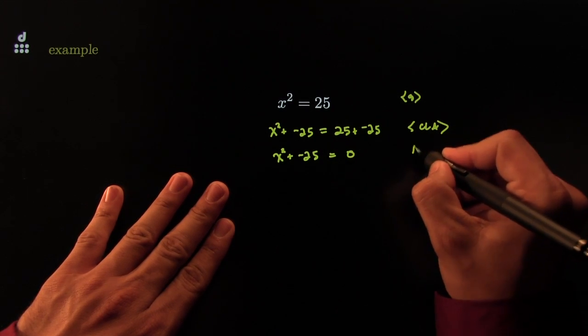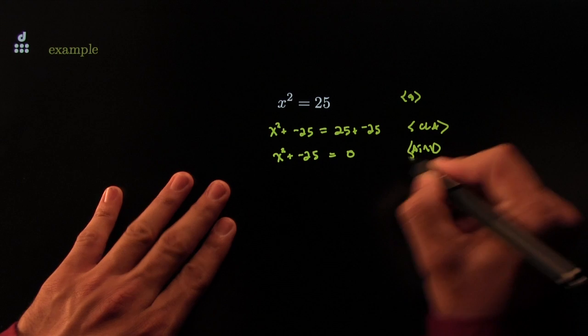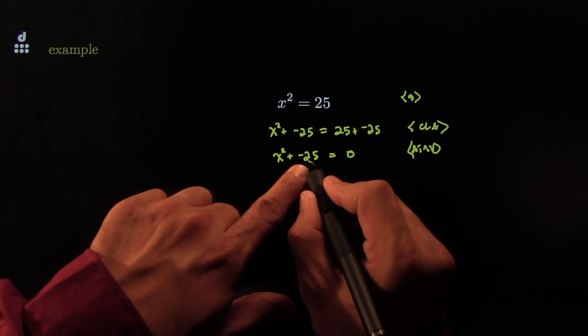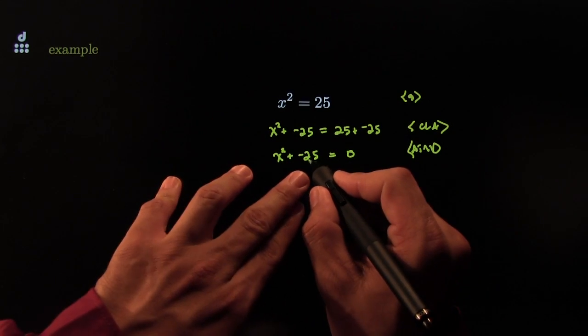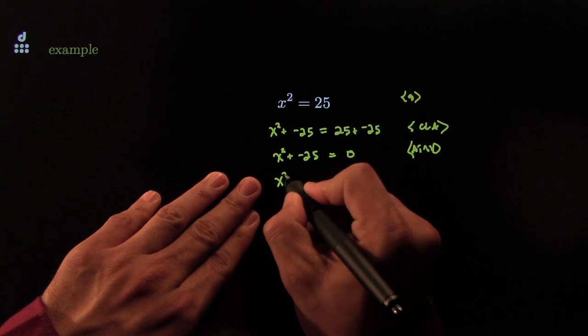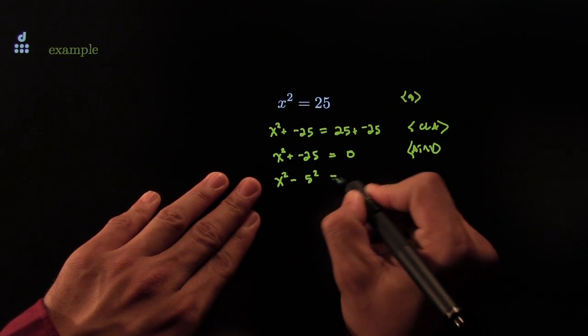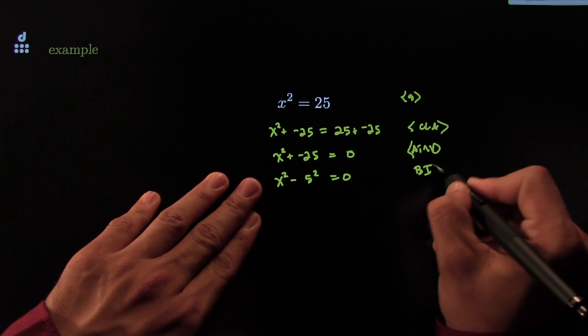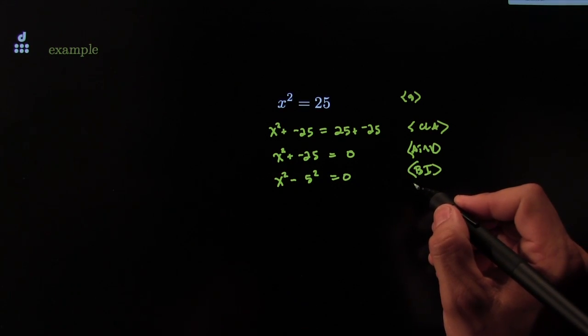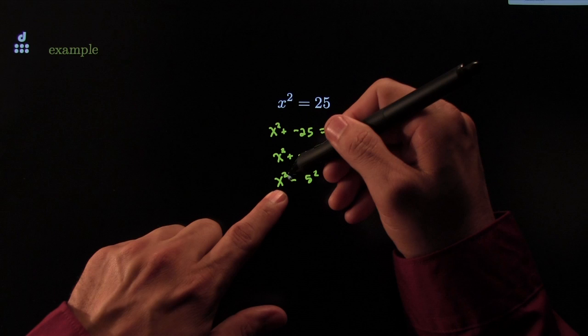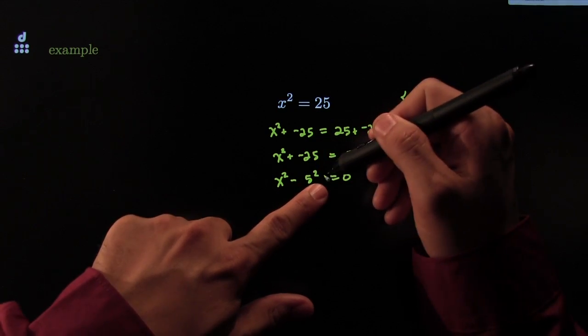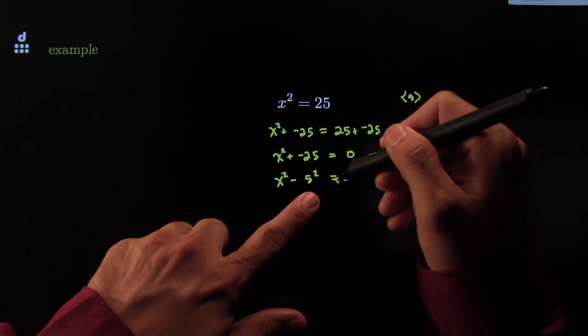That's by additive inverses. And now, there are many ways to proceed, but one way would be to rewrite this as x squared minus 5 squared. And the reason that might be useful is because now it looks like a perfect square minus another perfect square. Perfect square minus another perfect square.